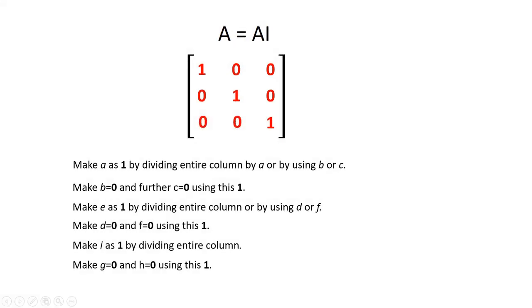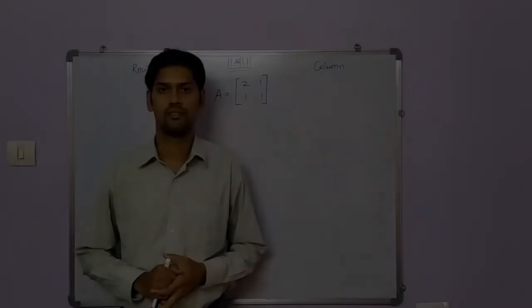Once this entire matrix A is converted into an identity matrix, the identity matrix on the right hand side, which was there, has now been converted into A inverse. For a 2 by 2 matrix, the procedure will remain the same, but it will get completed in fewer steps.